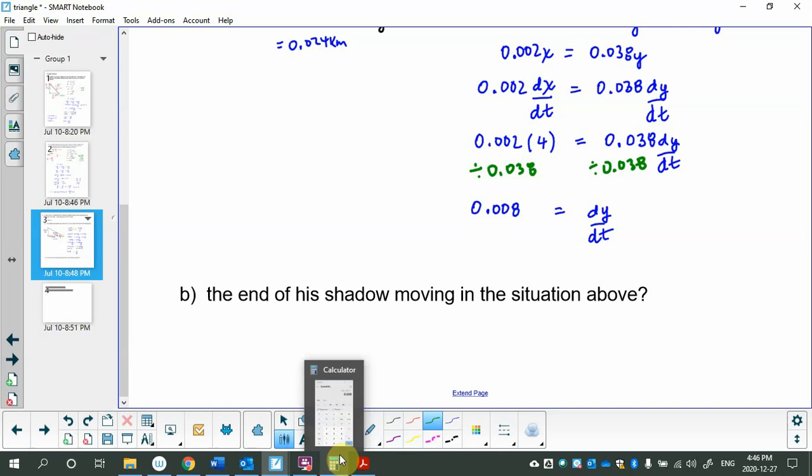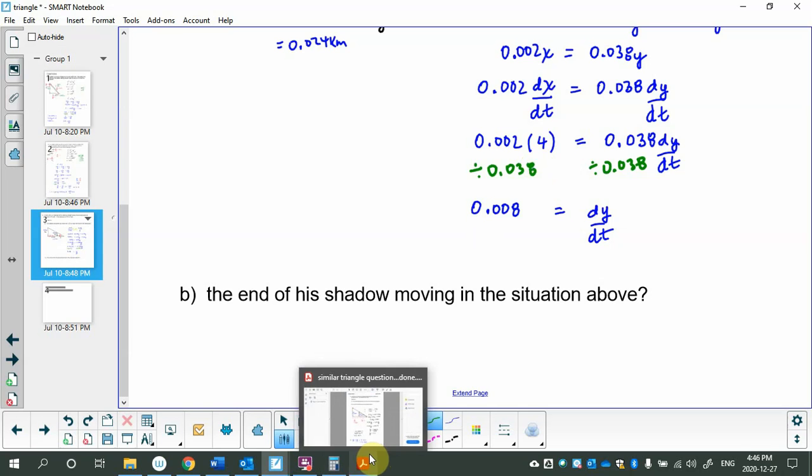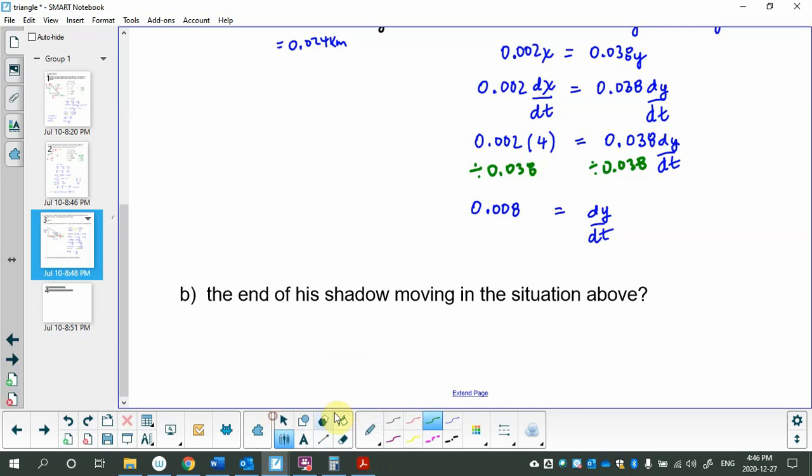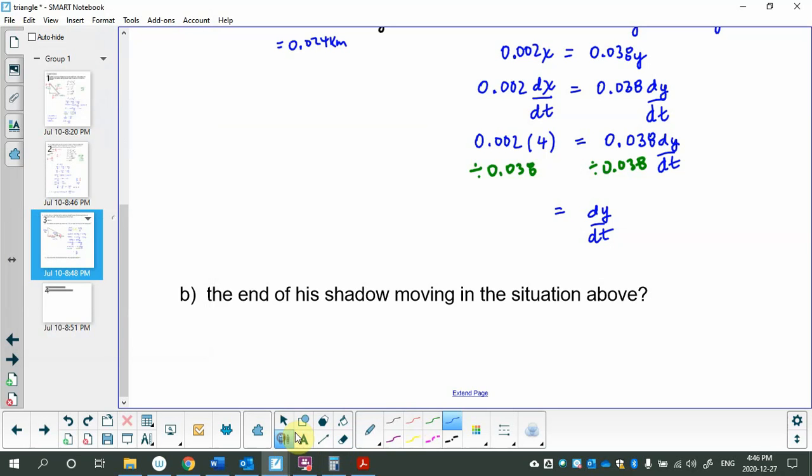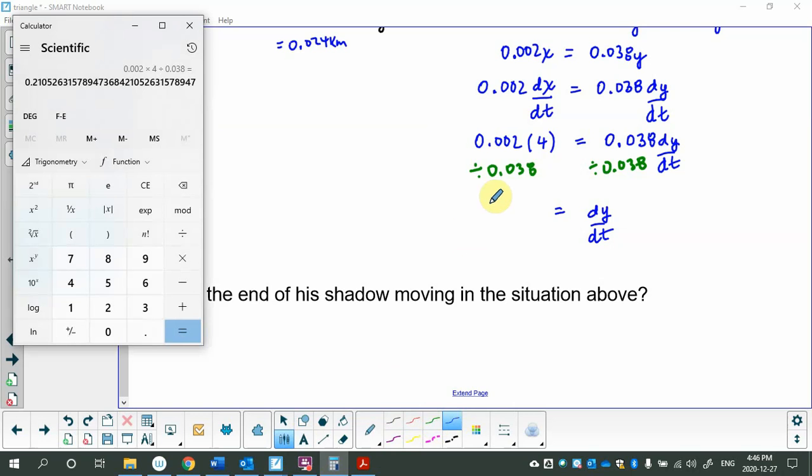I didn't save myself any time whatsoever. Sheesh. 0.002 times 4 divided by 0.038 equals, yikes. Terrible number. Do not expect nice numbers all the time in calculus class. So 0.21.